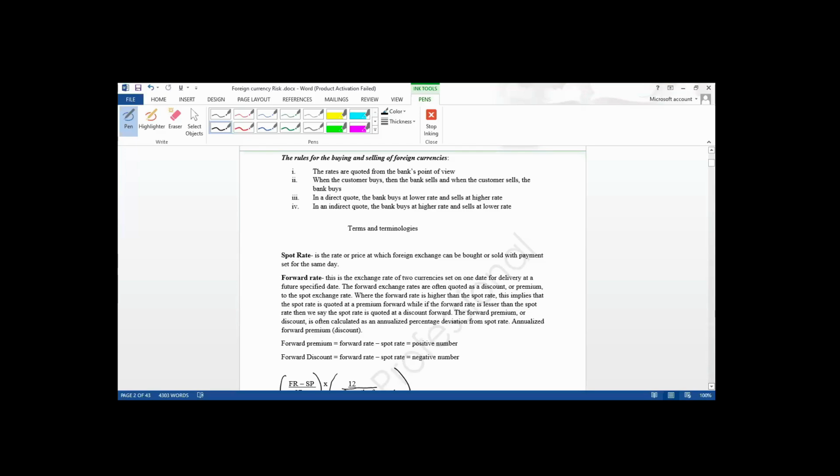So if you are to buy dollar or sell dollar now, that exchange rate that applies now is your spot exchange rate.